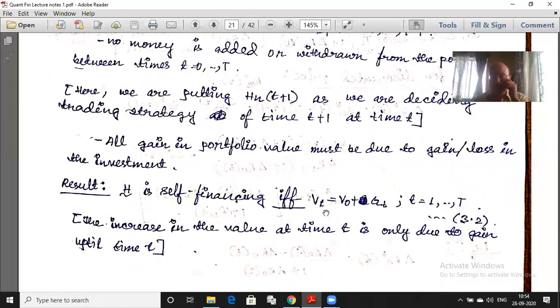So the new value is comprised of the starting value plus whatever gains I am making in trading. There are no other things happening outside the trading process. That's what I said earlier, that self-financing restricts me from doing anything outside the market. So that's the result that we have: whatever gains and losses happen are only due to the gain in the market itself.